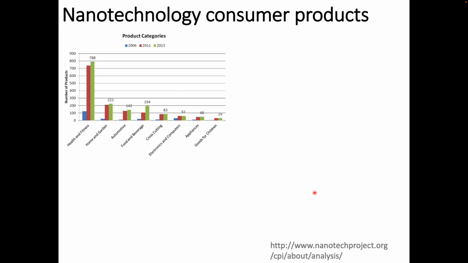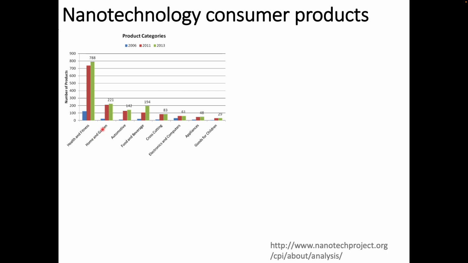And then if you look at how this has spread over time, if you look at this plot over time, the blue is 2006, red is 2011, and green is 2013. Okay, so most of them are in health and fitness, and then home and garden.